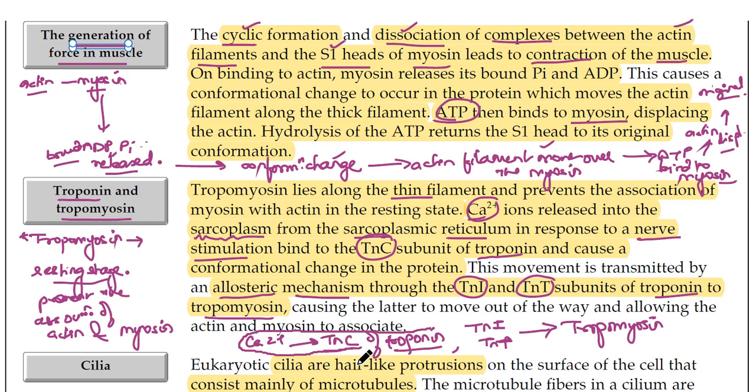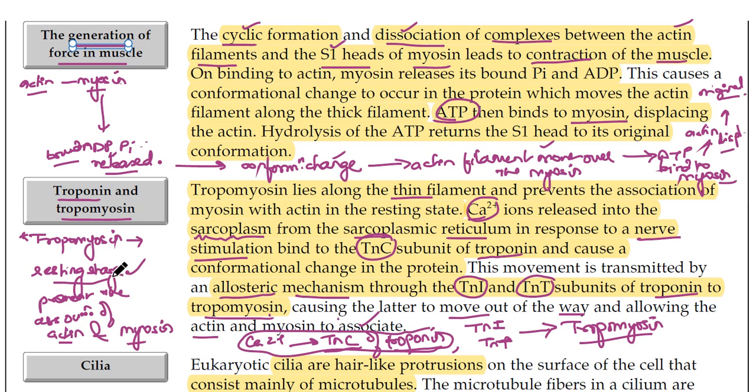When this is transmitted to tropomyosin, the inhibition by tropomyosin will be removed. So tropomyosin will move out of the way and will allow the actin and myosin to reassociate. So in the resting stage, there will be no association between actin and myosin due to tropomyosin.